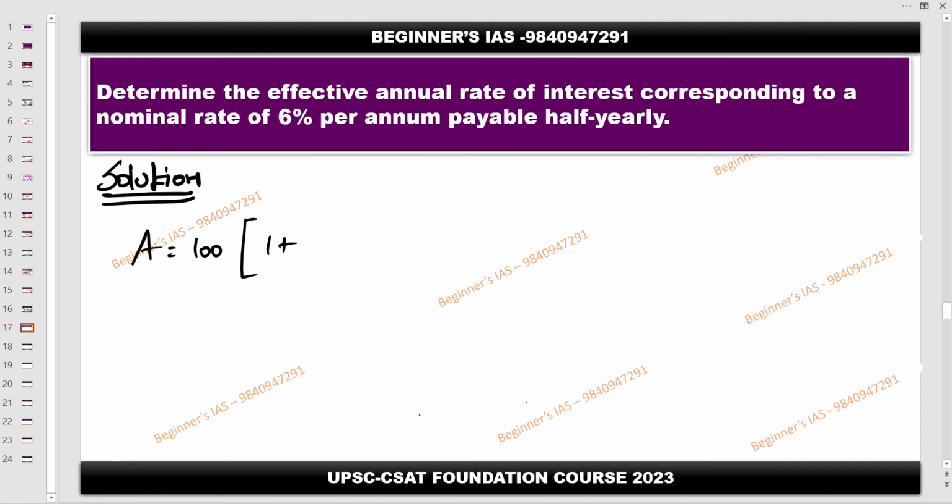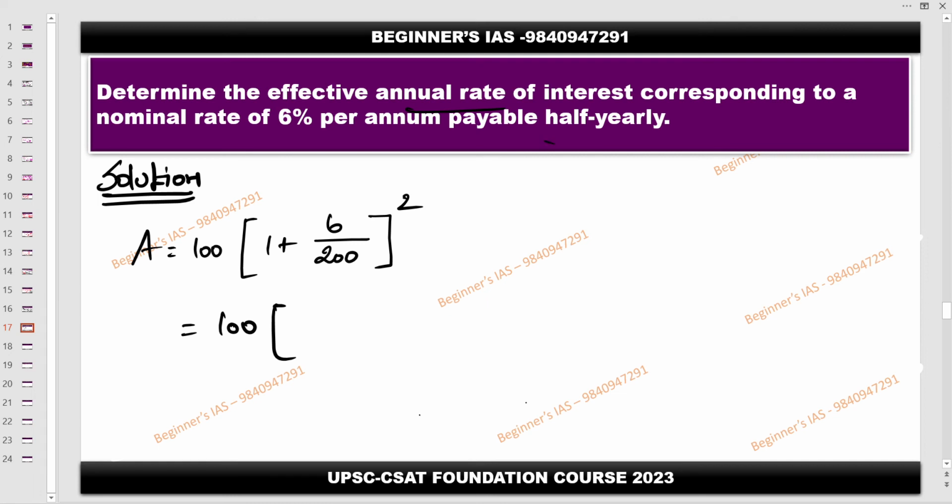Then 1 plus R, which is nothing but 6%, so 6 by 200, then power 2t. T is nothing but annual rate, meaning 1. I am not using any new formula here, just whatever formula we are having, that only I am applying.